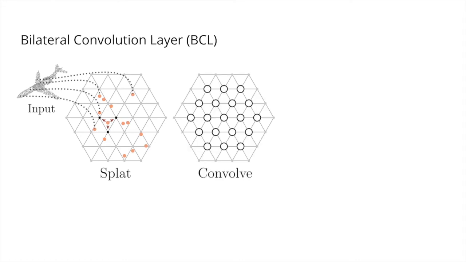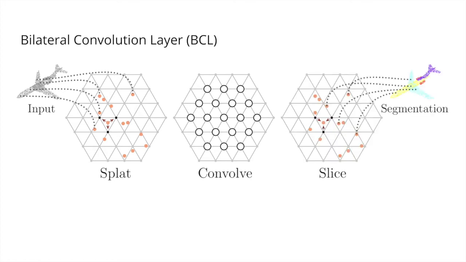Once the input points are projected onto the lattice, BCL performs standard convolutions on the interpolated signal with learnable filters. In the last step, slicing, the filtered signal is mapped back to the input points via barycentric interpolation. The resulting signal can be passed on to other BCLs for further processing.